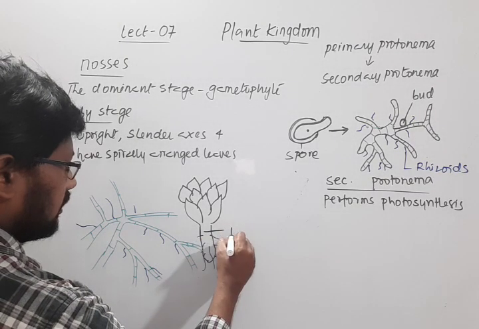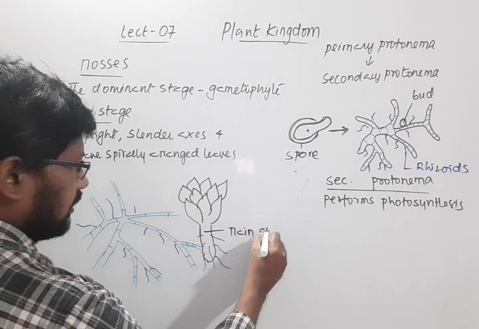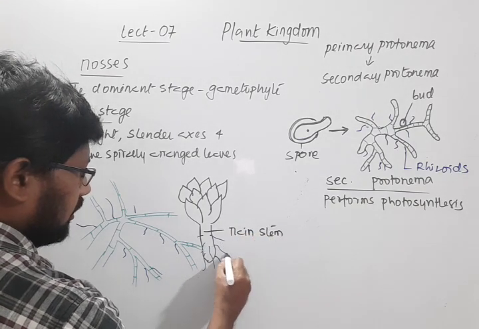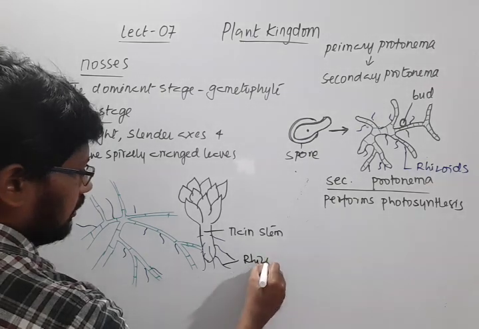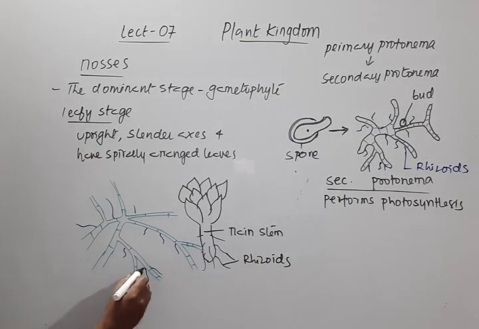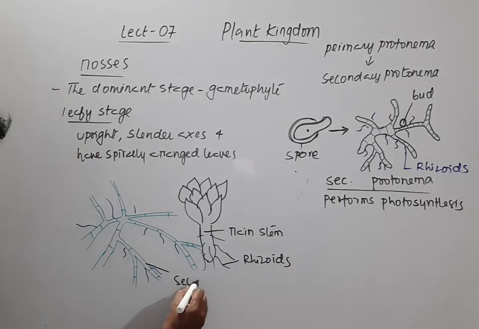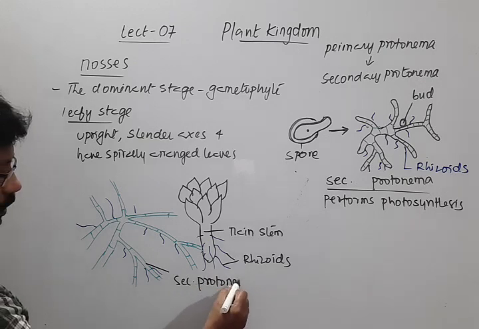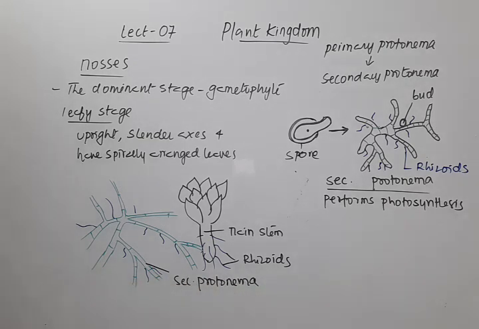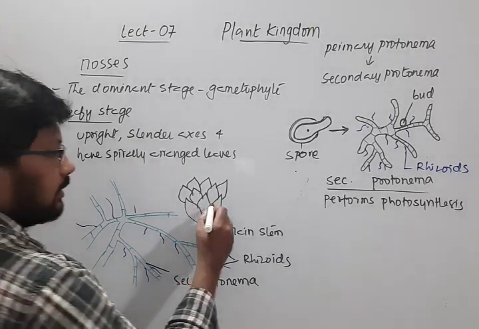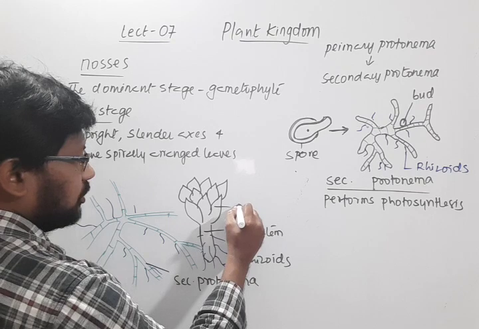So this is the main stem, and these are the rhizoids, and this is the secondary protonema.